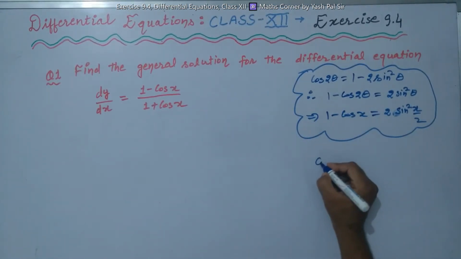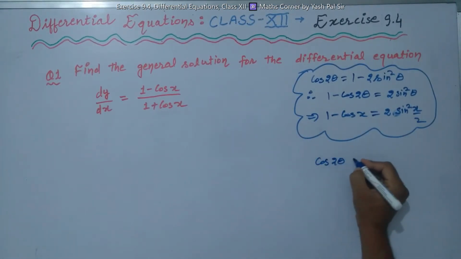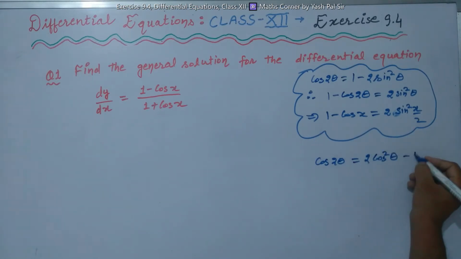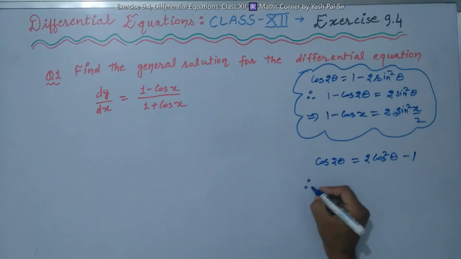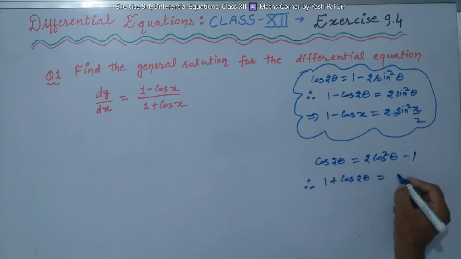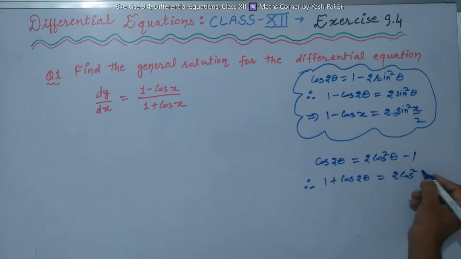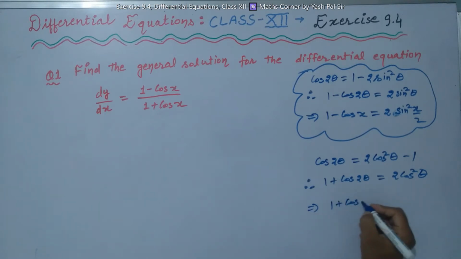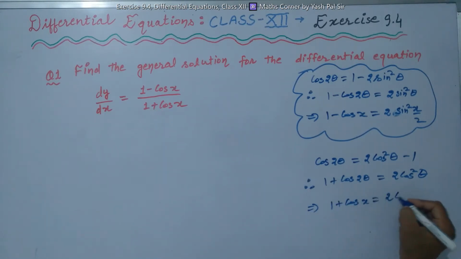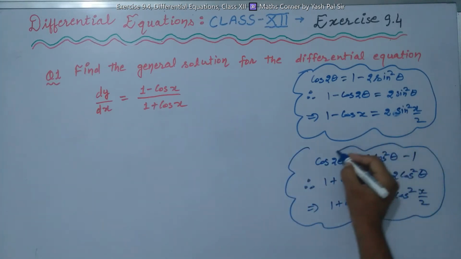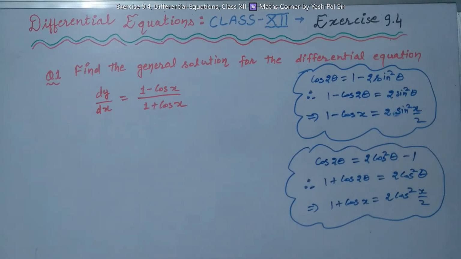Second, we have cos of 2 theta is also equal to 2 cos square theta minus 1. So this way we have 1 plus cos of 2 theta is equal to 2 cos square of theta. This means 1 plus cos of x is equal to 2 cos square of x upon 2. So this we are going to apply in the denominator.